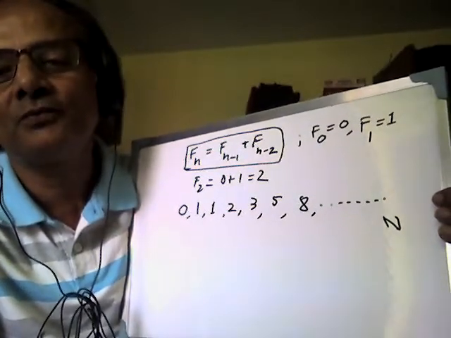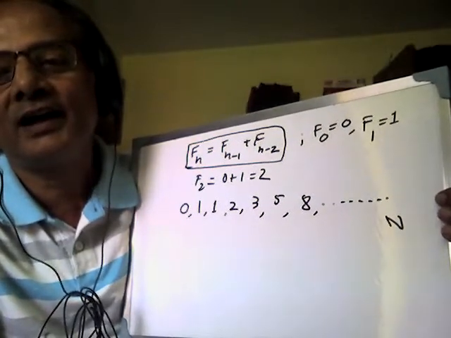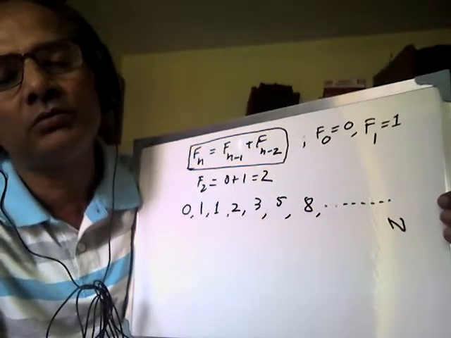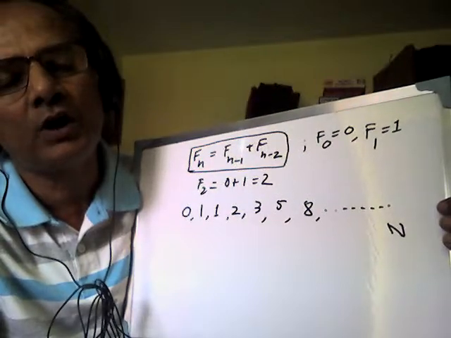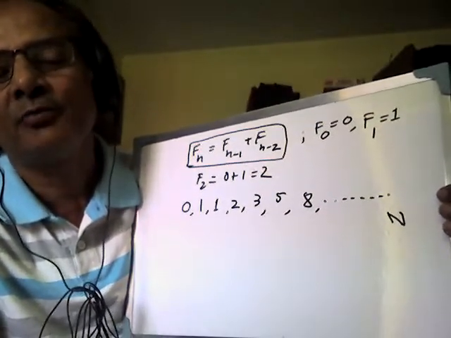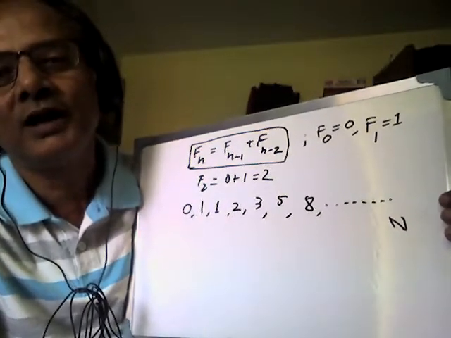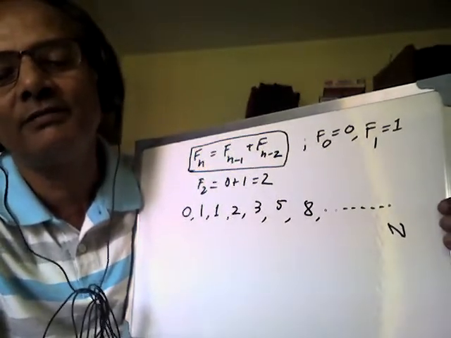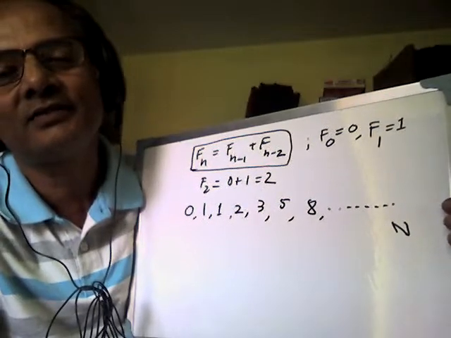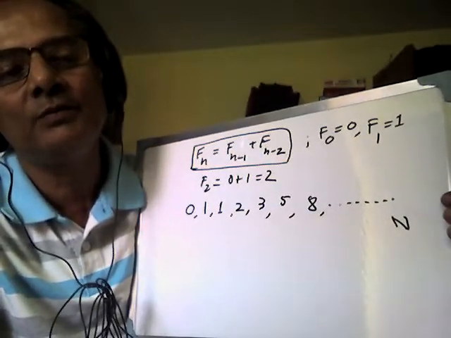If you want to find out the nth term by recursion, if you want to find this F100, possibly F100 or F200, possibly your 2 GB RAM will not give you the result, because the recursion behavior will be exponential.